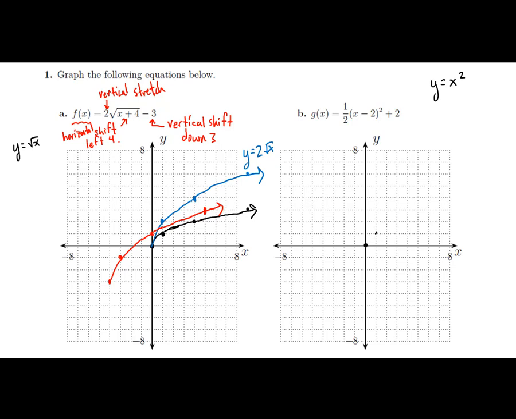Then we're going to go over 1, up 1, over 2, up 4, and I guess I'll go over 3, up 9, and left 3, up 9. Okay, so there's my original y equals x squared function.